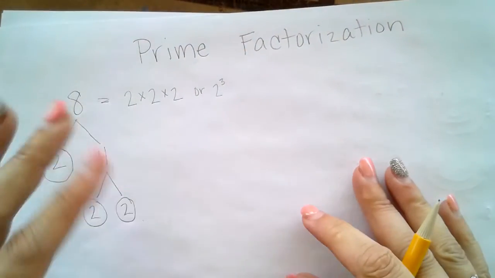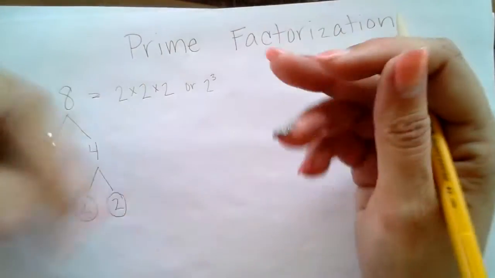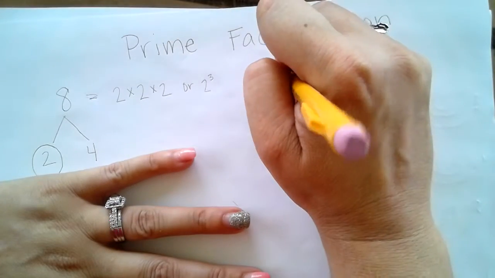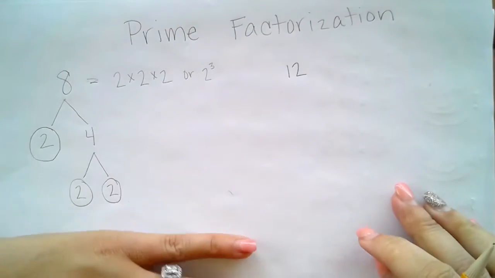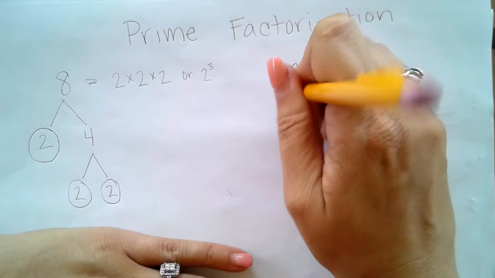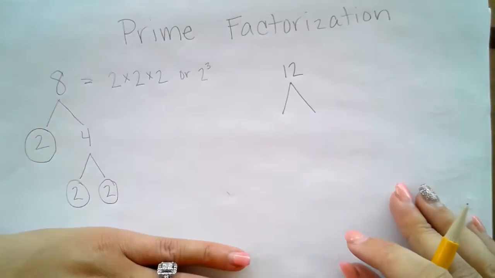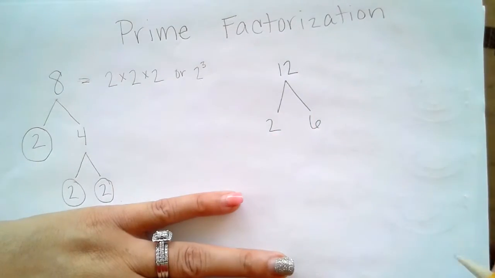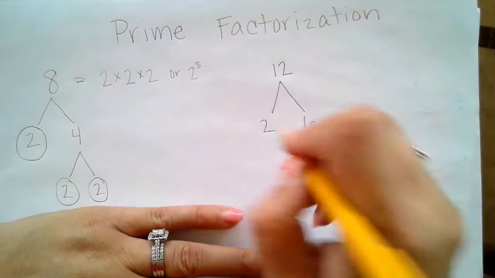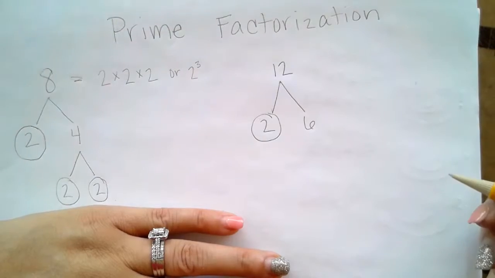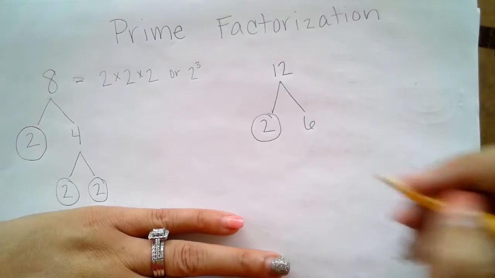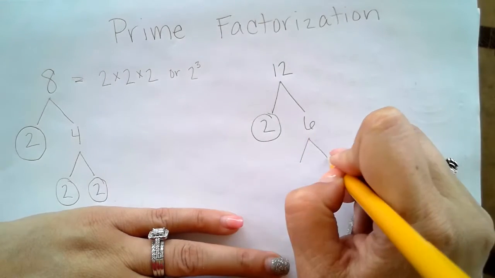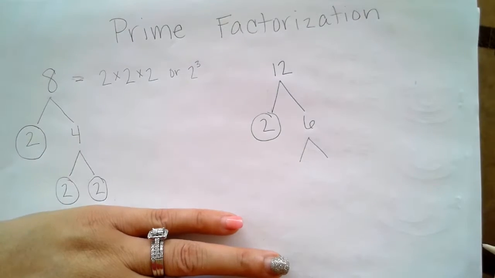Okay? So let's take another number. Let's take that 12. We were just discussing 12. What times what equals 12? Well, you told me earlier that 2 times 6 equals 12. So I'm going to circle 2 because nothing will go into 2 evenly other than 1. Then I've got to come off of the 6. What times what equals 6?